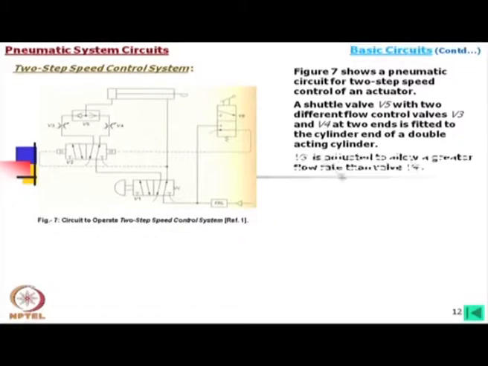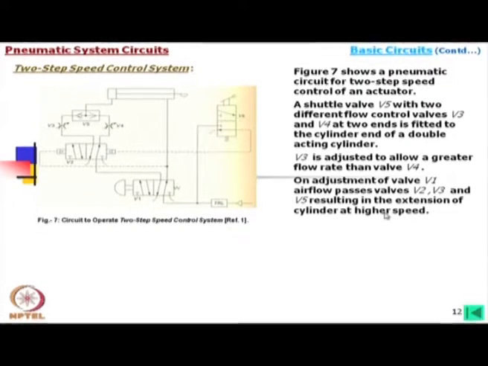Then V3 is adjusted to allow a greater flow rate than valve V4. So, V3 has greater flow rate than V4, that means this has more resistance, this has less resistance.